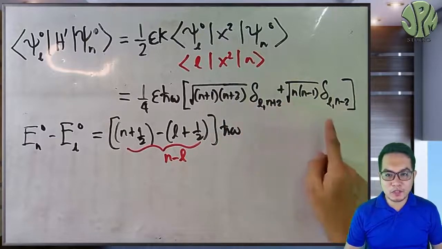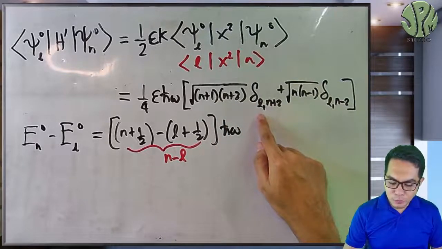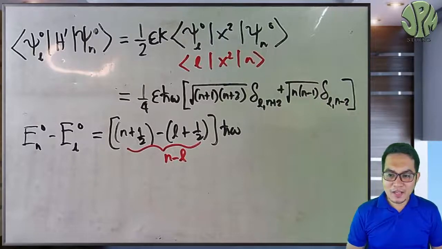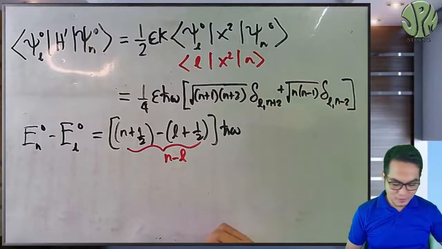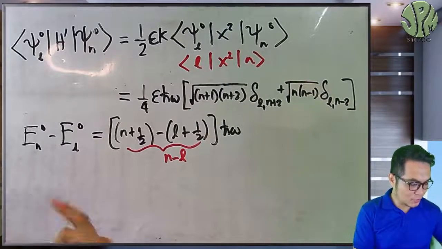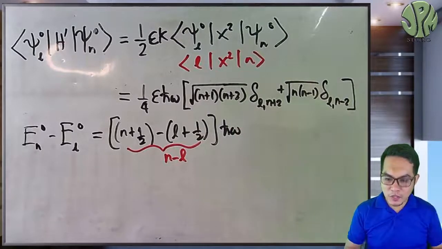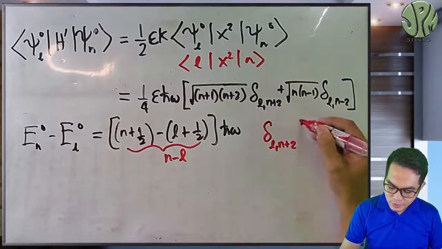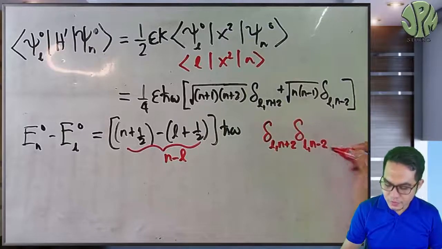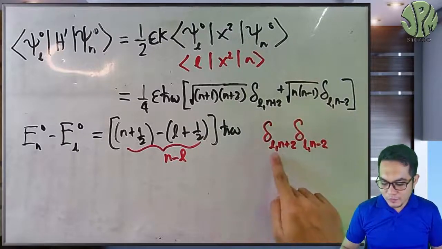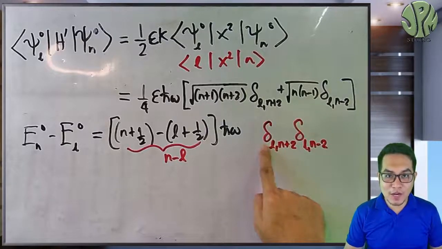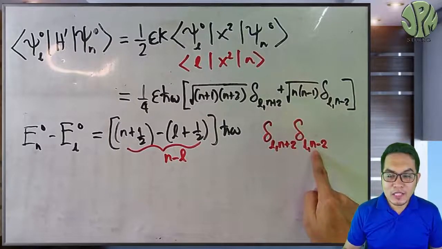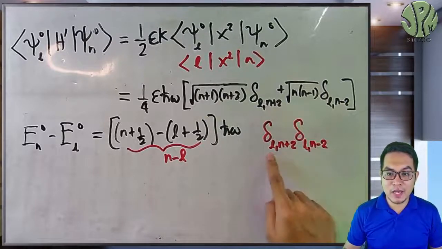And then you have the cross terms. Now, if you have two delta functions side by side in a term, their value is 0 essentially. So for example, when you square this one, you will have cross terms involving delta L n plus 2 and delta L n minus 2. If this delta function is 1, meaning L is equal to n plus 2, then the other delta function is 0 because L is already n plus 2.